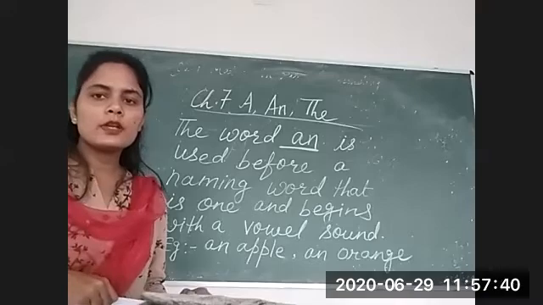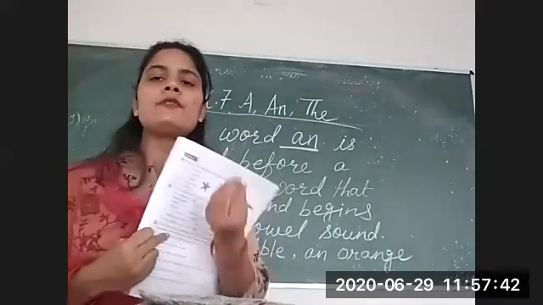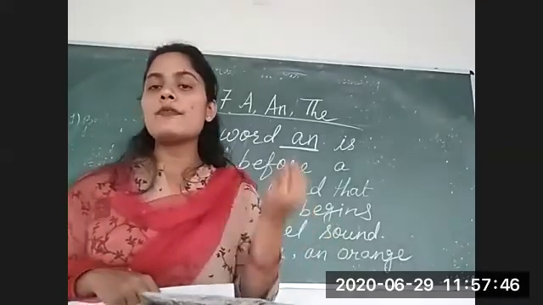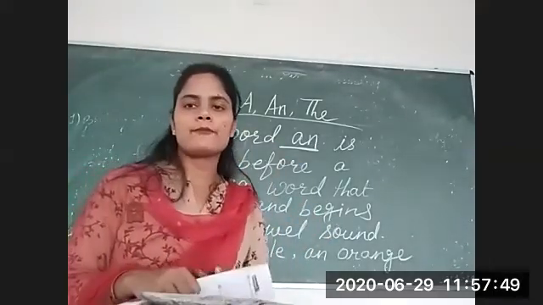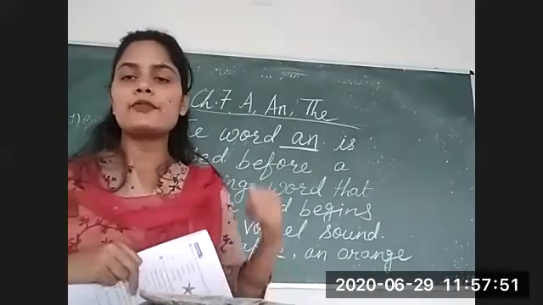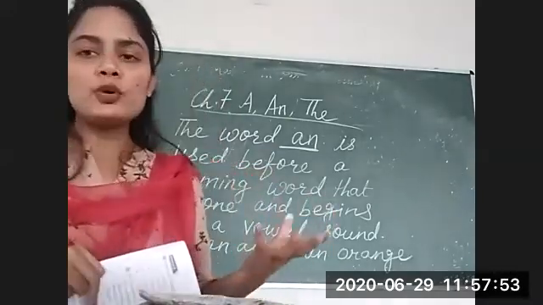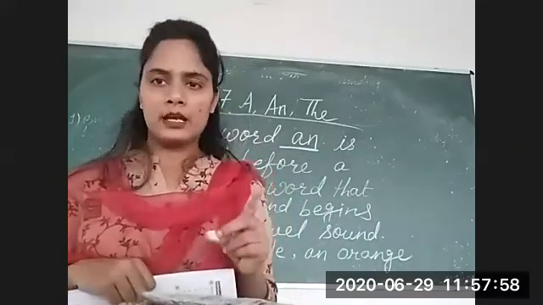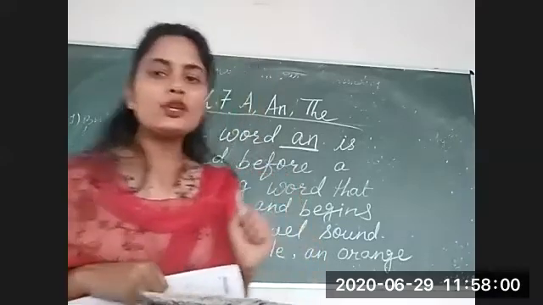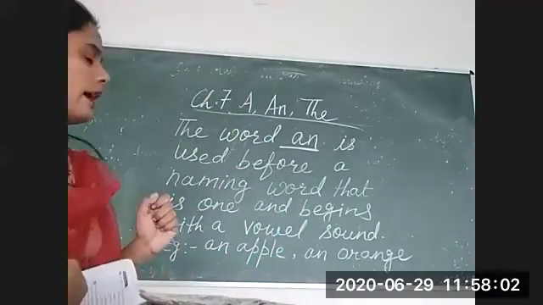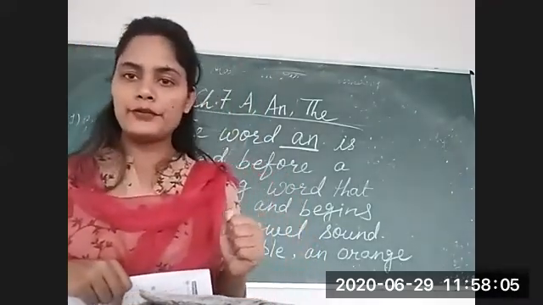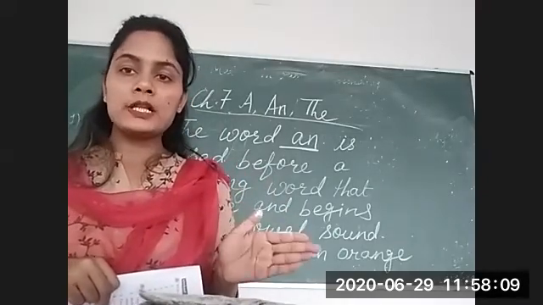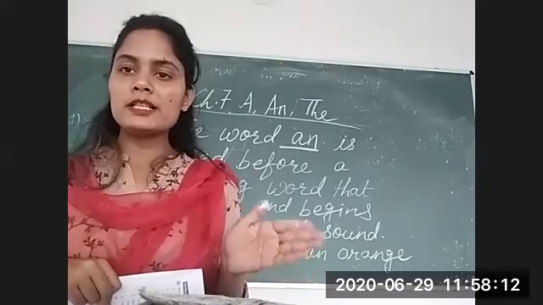When you speak any word and if the sound of a vowel is coming, then you understand that yes, we have to use An. Like if you say apple, the sound coming is a vowel.